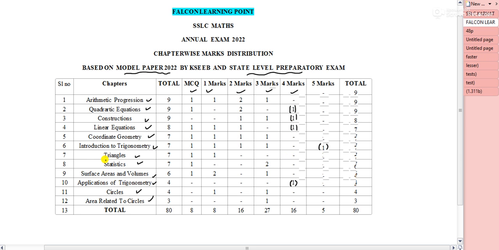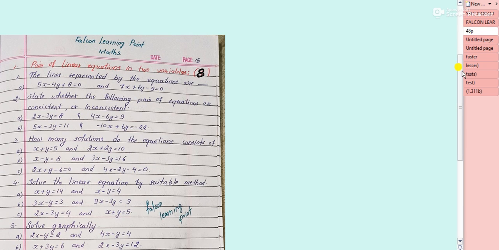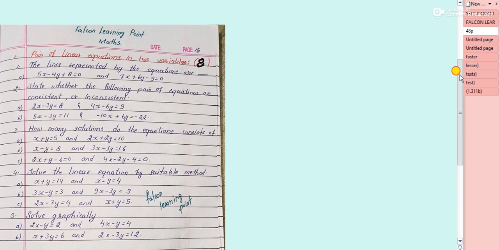It is from triangles, and that is also based on theorems, particularly the 3 theorems which I think you are aware of: BPT, Pythagoras theorem and area related to similar triangle theorem. Here I have prepared questions which are very useful for your exam.